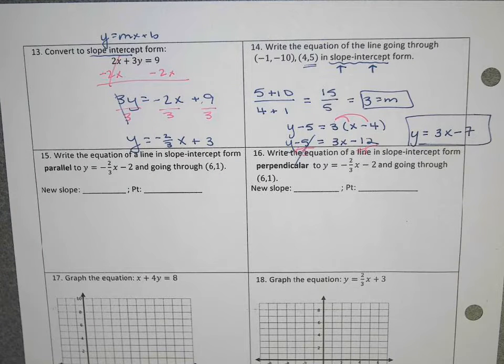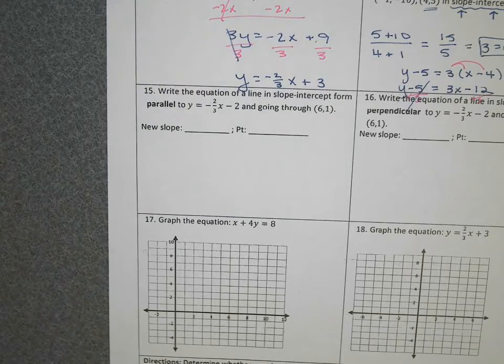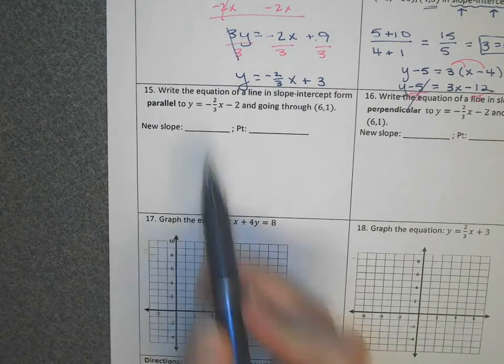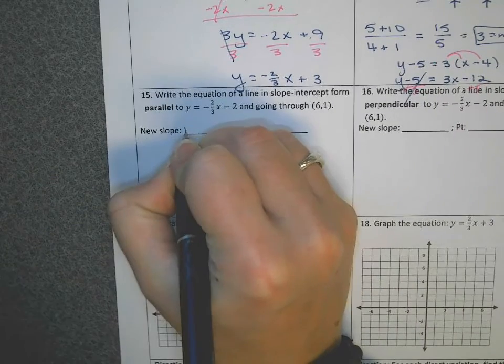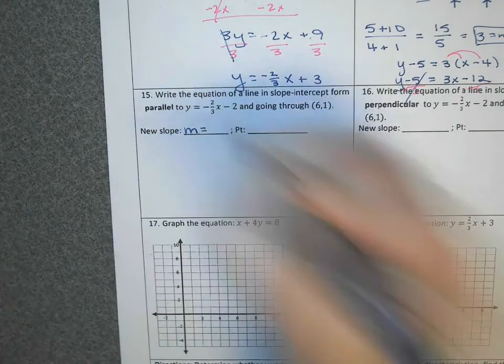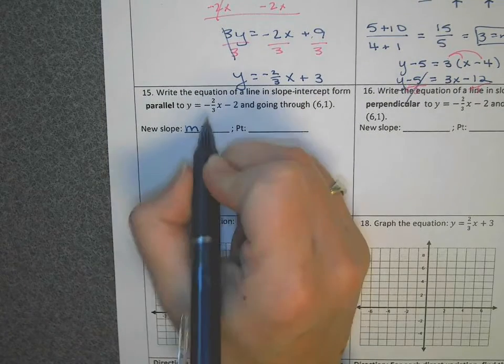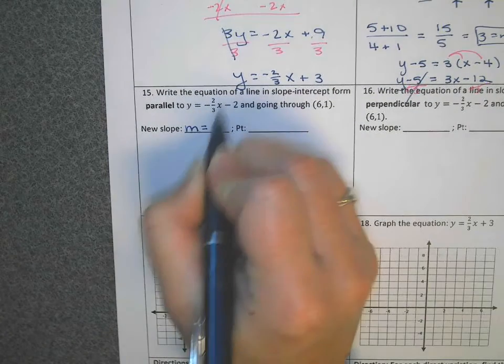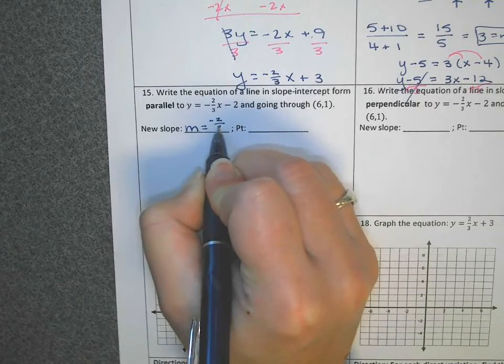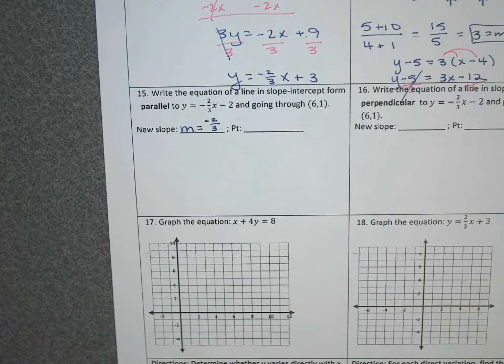15 and 16 are very similar to what we just did. Okay, except for it says it has to be parallel to that line. What does the slope have to be? Parallel slopes have to be what? They have to be the same. So what's your slope here? -2 over 3, so that's our new slope.